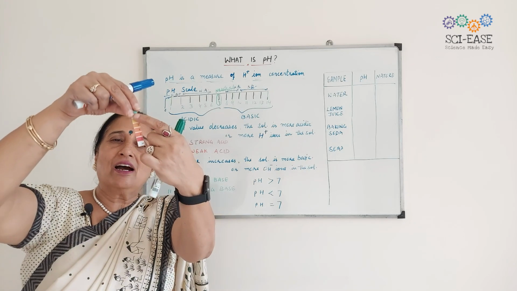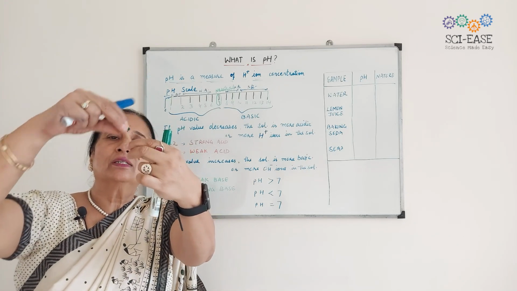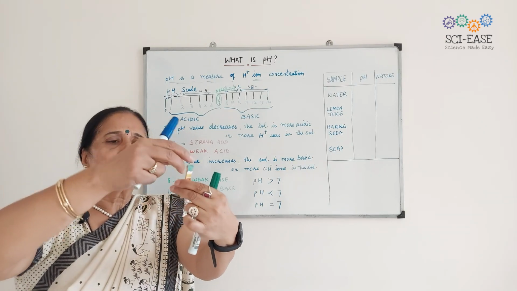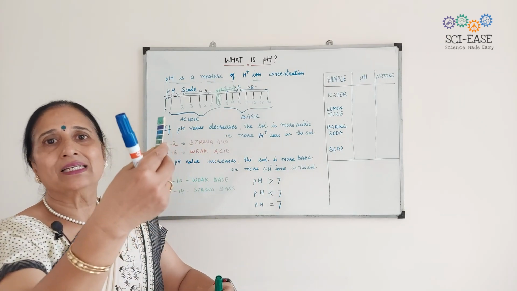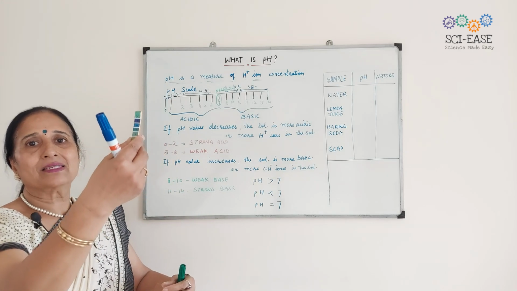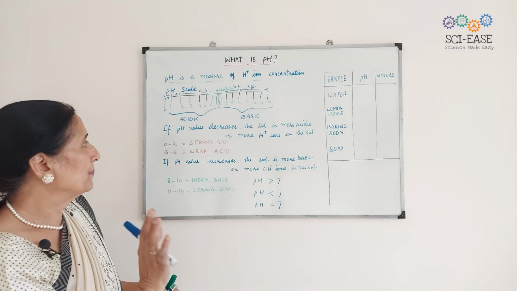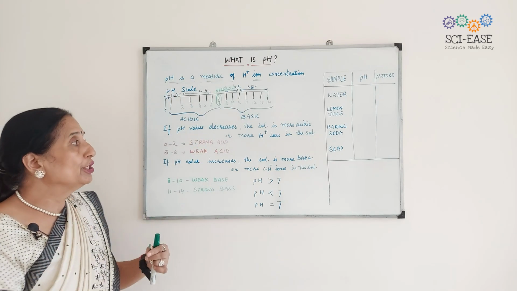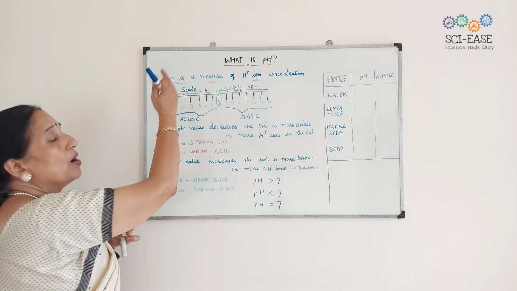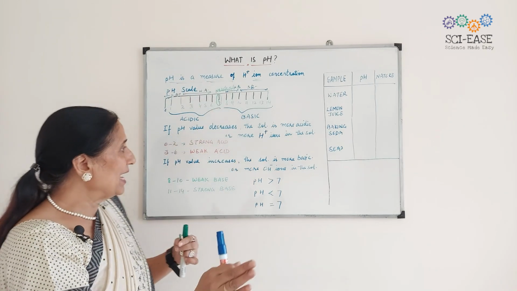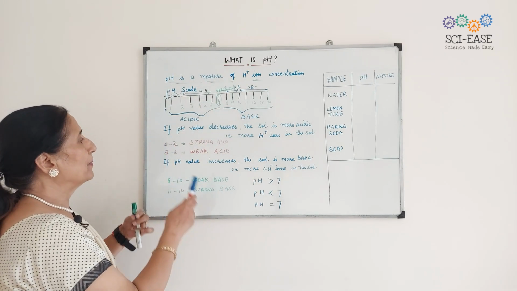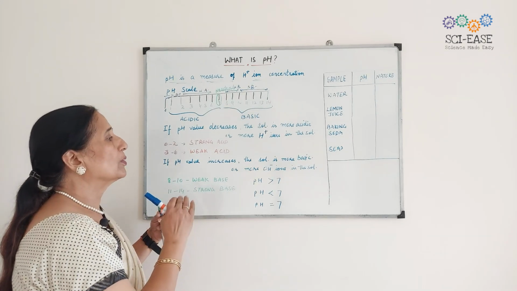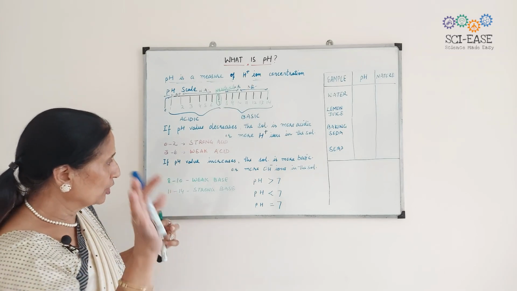These colors are from 0 to 6, and these colors are for the bases, that is from 8 to 14. So if the pH value decreases, the solution is more acidic or it has more H positive ions, and if the pH value increases, the solution is more basic or has more OH negative ions in the solution.